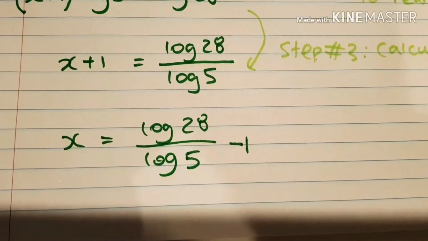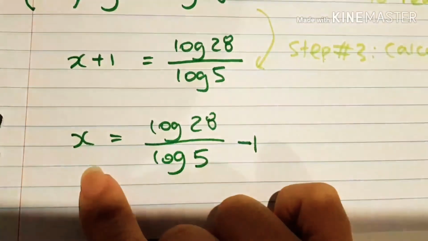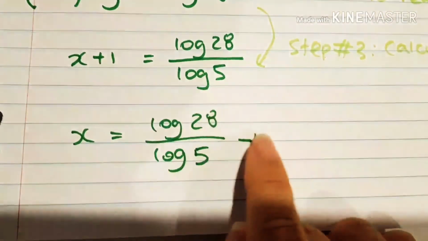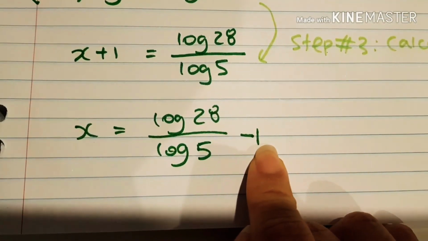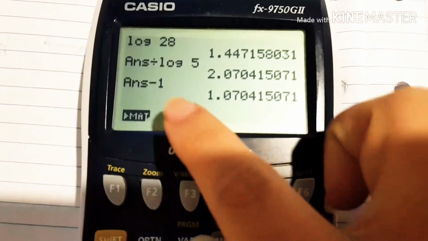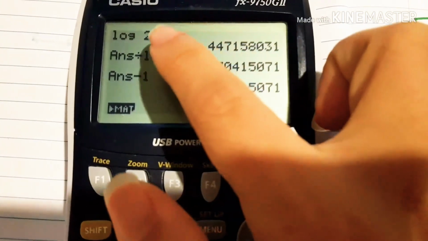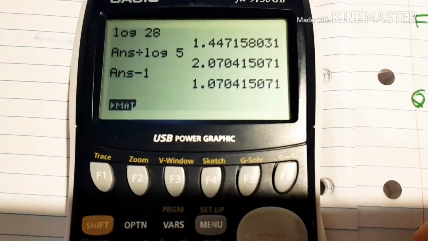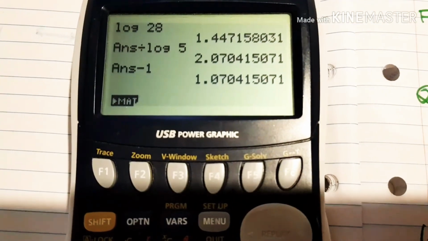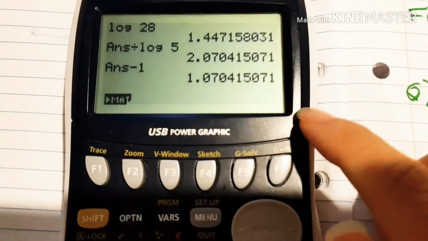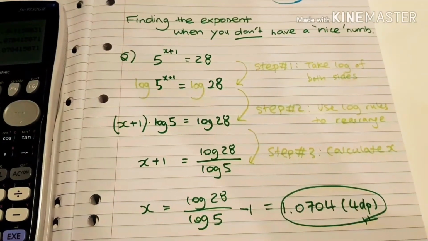But remember, to find the value of x, I need to subtract 1 on each side. So from the answer, I minus 1. Look, I did log 28, enter to get the value, divided by log 5, enter to get the value, and then minus 1. So that will be my final answer.